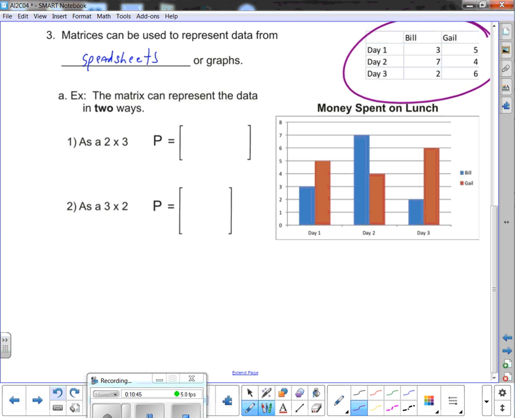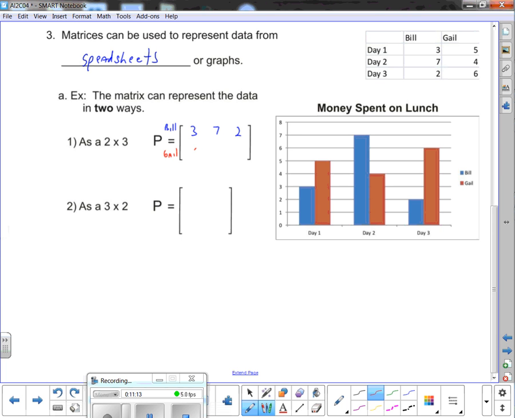So, for example, let me go ahead and take Bill. Use a little color here, and he's blue, so I'll take blue. So, Bill, I can make a row of 3, 7, 2, right? Bill's day 1, day 2, day 3. So this first row is Bill, right? I'm going to take my red, and now I can do a row 2 and make that row 2 Gail.